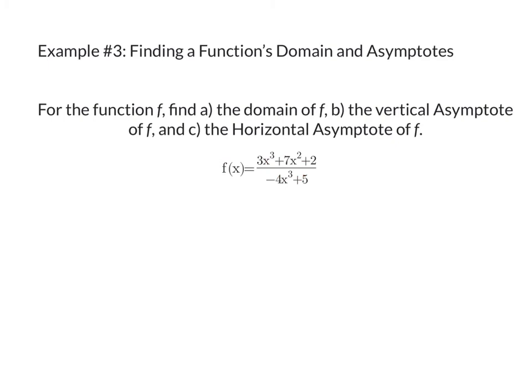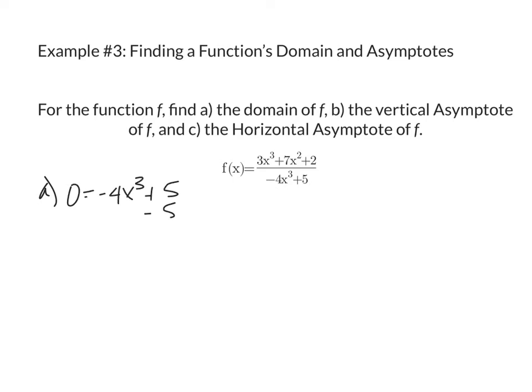Let's keep going. In example 3, it says for the function f, find first the domain, then the vertical asymptote, and then finally the horizontal asymptote of f. So let's get started. To find the domain of f, remember that means to set your denominator equal to 0. So we'd have 0 equal to negative 4x cubed plus 5.